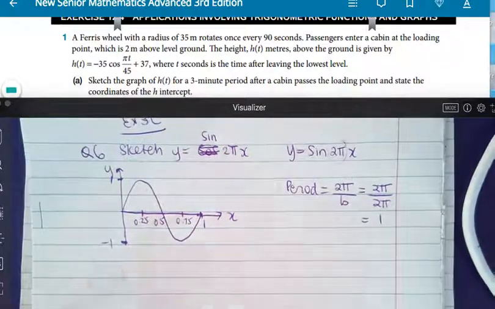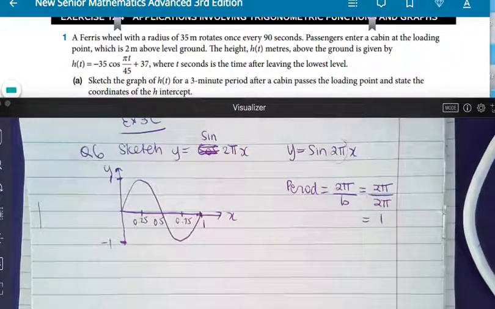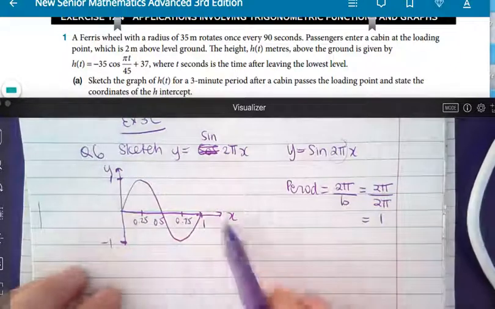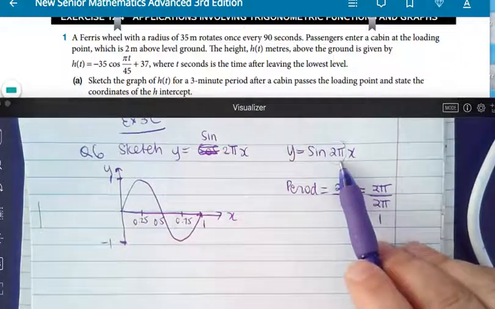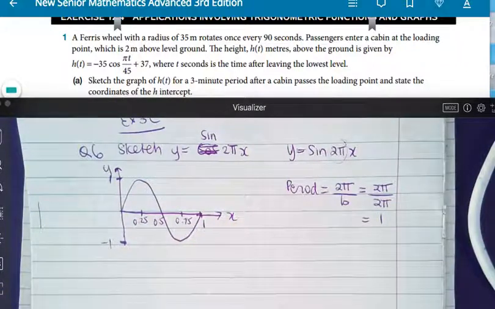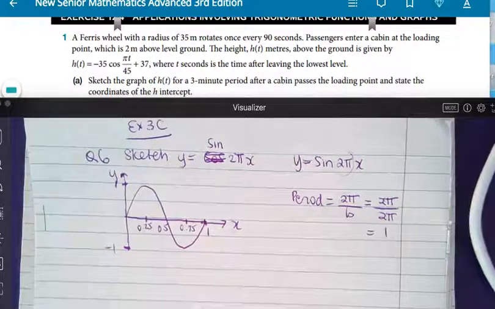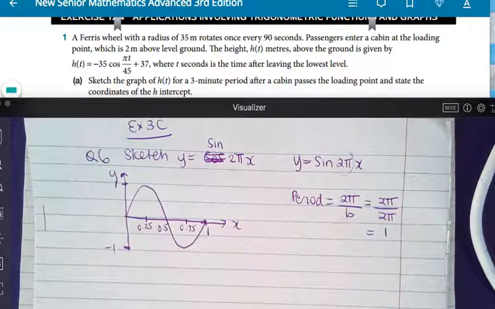So you don't always have to have a pi along your x-axis, all right? You'll end up with ordinary numbers if the coefficient of the x has a pi in front of it, because you've got to do 2 pi divided by that, you'll lose the pi's, and you'll have ordinary numbers along your axis. So this was question 6 from exercise 3C to sketch that.